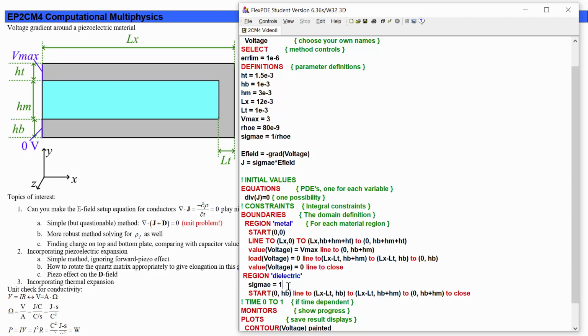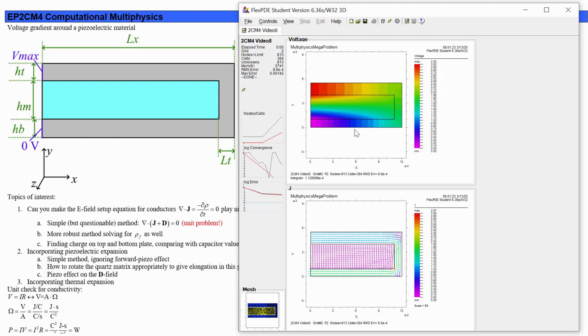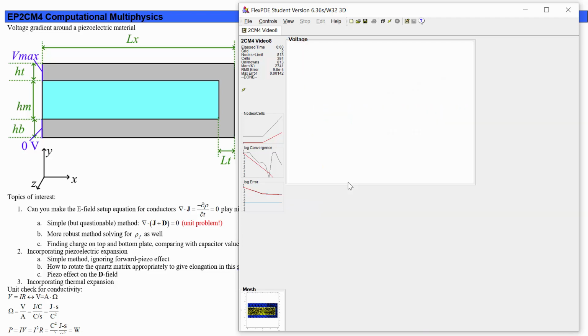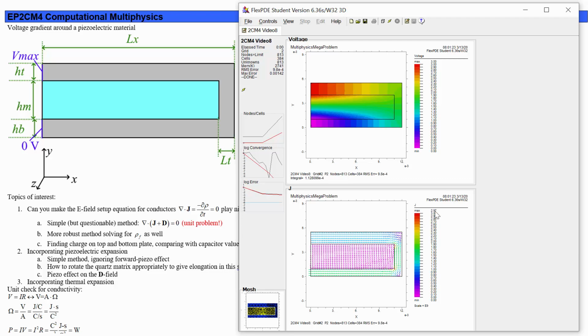So a conductivity of 1 compared to 10 million is basically 0, and this is going to allow us to solve the simulation again. So you'll notice that the answer is almost the same as it was when we didn't even have the dielectric there. 2.97 is the max. It's actually a little bit lower than it was without that, and the voltage gradient looks almost identical, right?